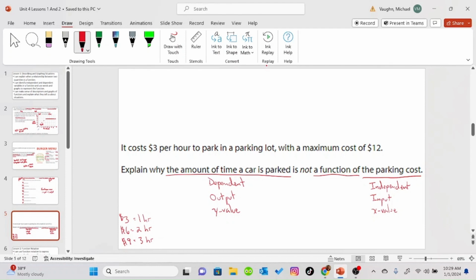But now we get to $12. And we find out there is a maximum cost of $12. So as soon as I get to an input of $12, that could be 4 hours, 5 hours, 6 hours, and so on. Because I would have one input with multiple possible outputs, this would not be a function.